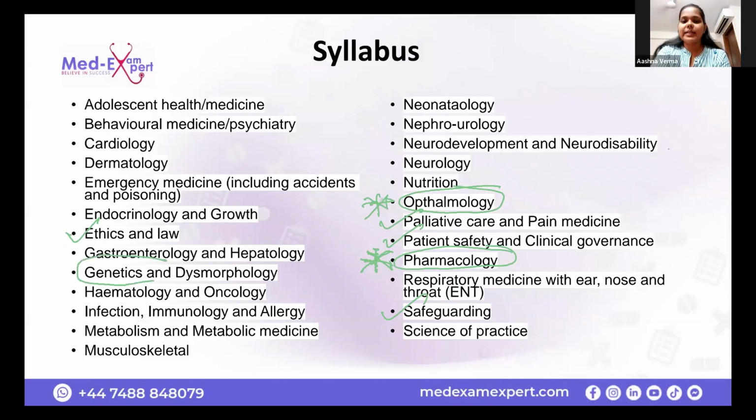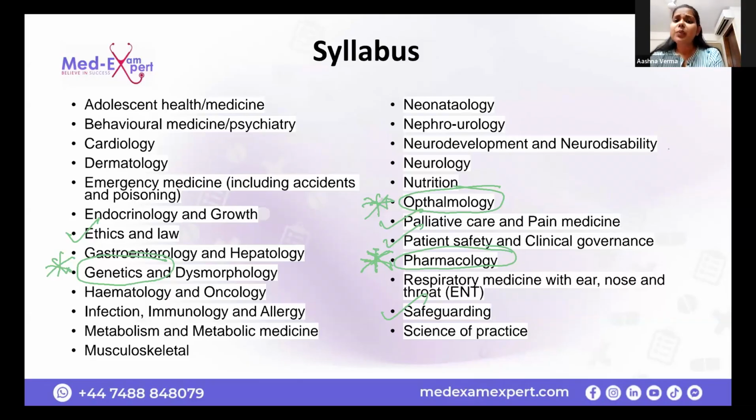Then comes genetics. So genetics is again something which is very important for your part 1 exam. They love to ask you questions from genetics, which includes pedigree charts, which are very commonly asked. And they like to ask Prader-Willi, Angelman syndrome, and then syndromes like Williams syndrome and Down syndrome.